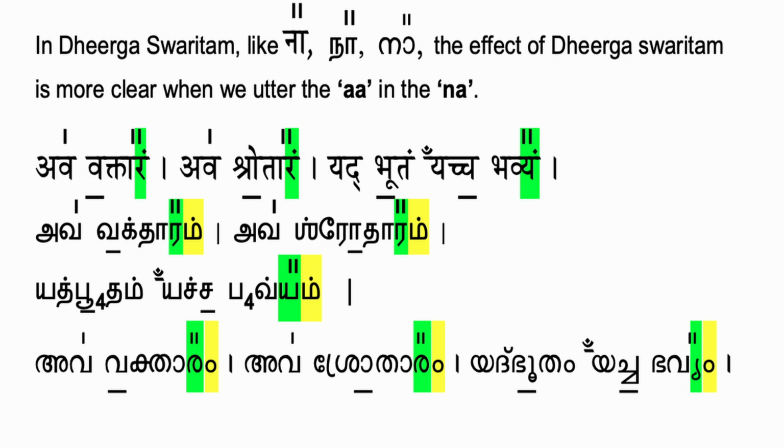Kindly note that the effect of the Swarita, that is the second part, could have an effect on a halant. If the Dheergha Swarita comes over a short letter followed by an Anuswara, it will get extended to the Anuswara or a halant.